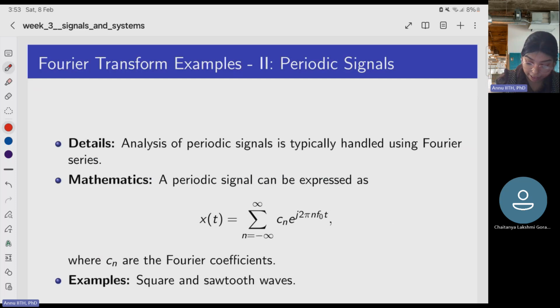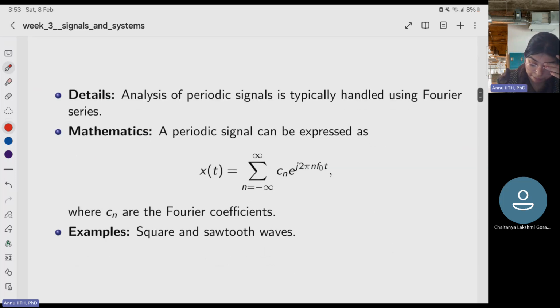The same way that we did e power j 2 pi n f naught t. Here it was e power i n x, but you can also write e power j omega f naught t, because f naught is the fundamental frequency.